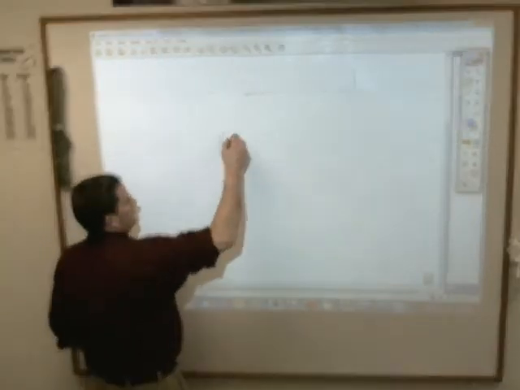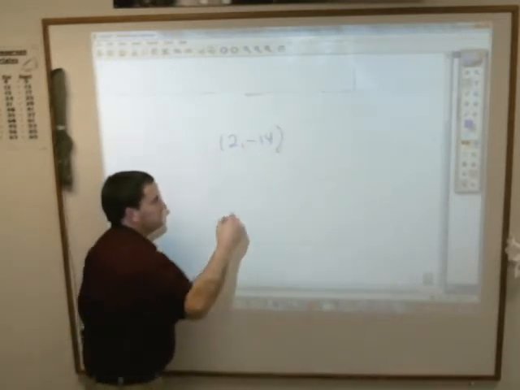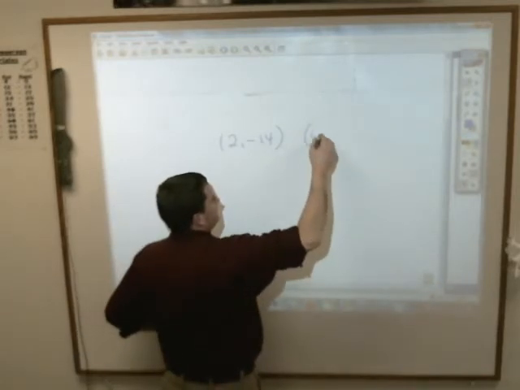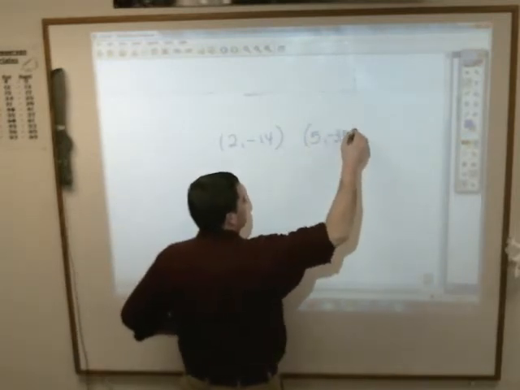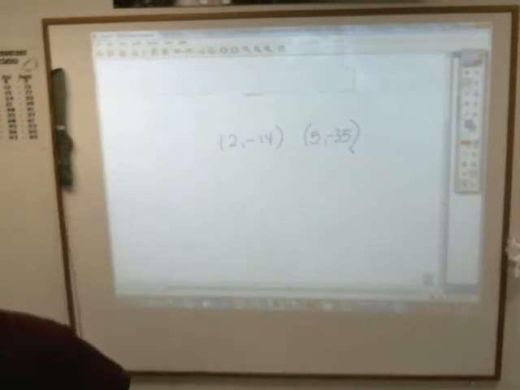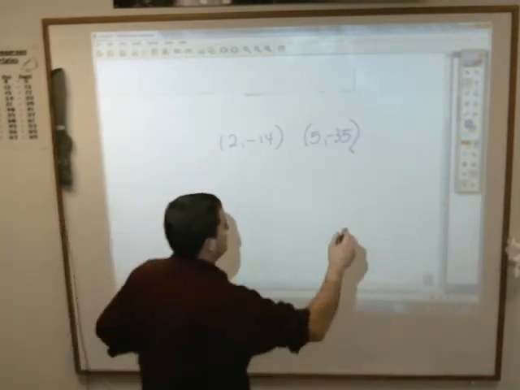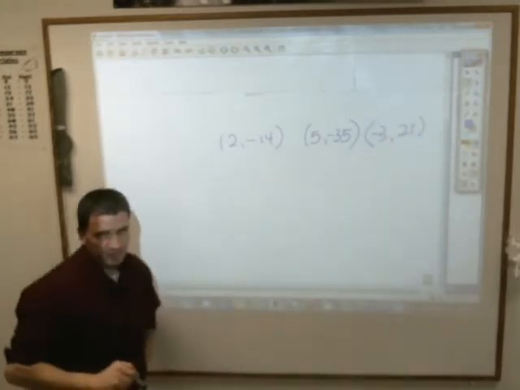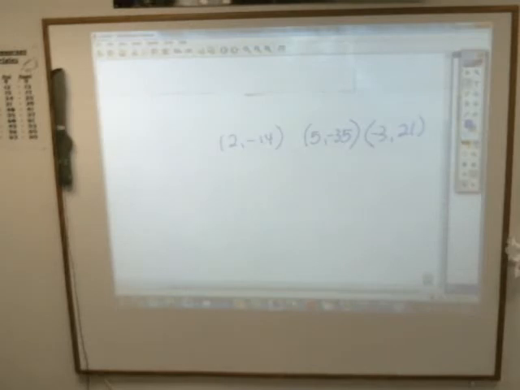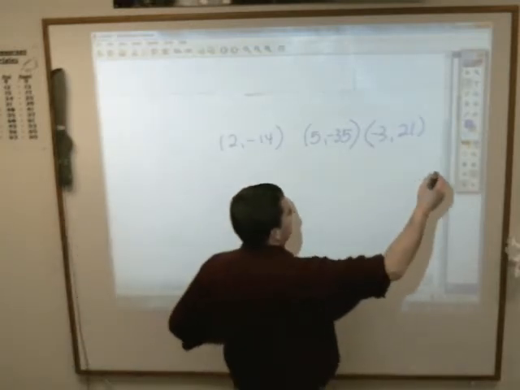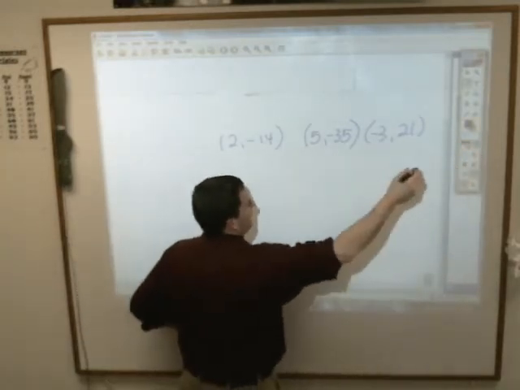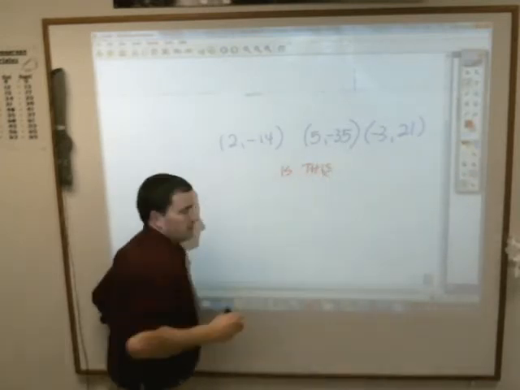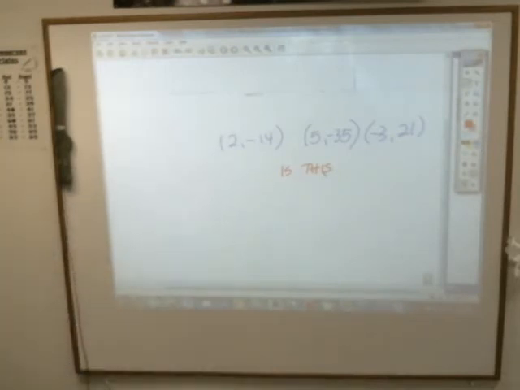Write these 3 points down: 2 comma negative 14, 5 comma negative 35, negative 3 comma 21. The question the book asks is, is this direct variation?